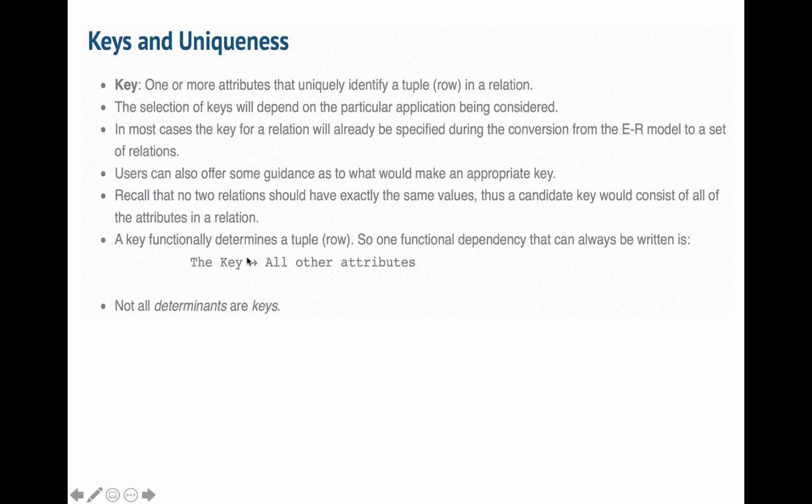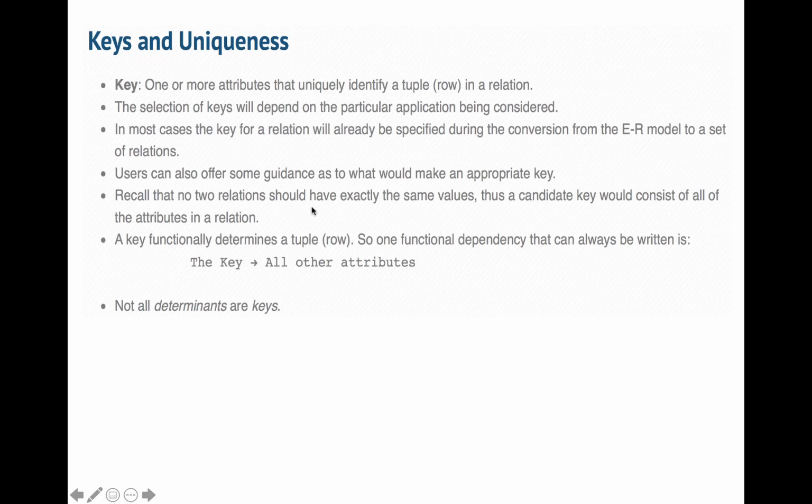In most cases, the key for a relation is chosen in the ER model step. It's up to the user to figure out which key is most appropriate to be the primary key.